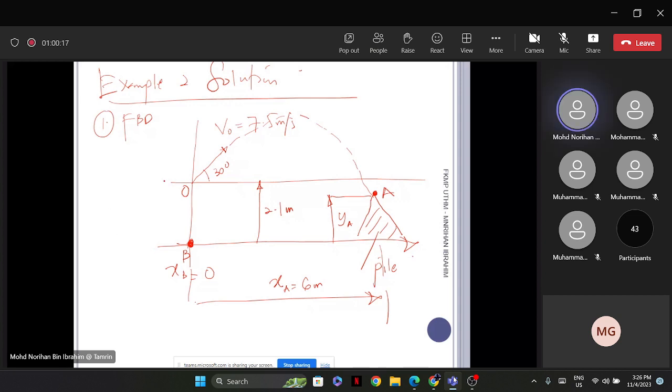Okay, for this one, ini adalah YO, and then this one is YA. The initial height is also called YO at O, and the final height of the particle is at A, which is at YA.